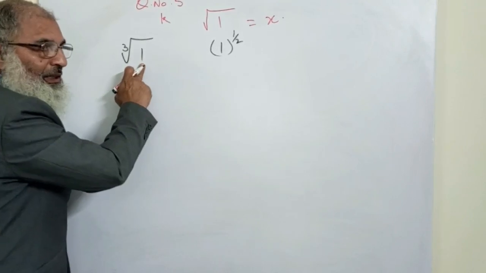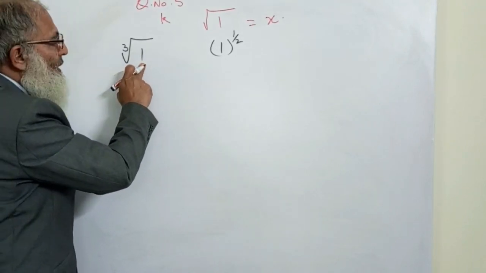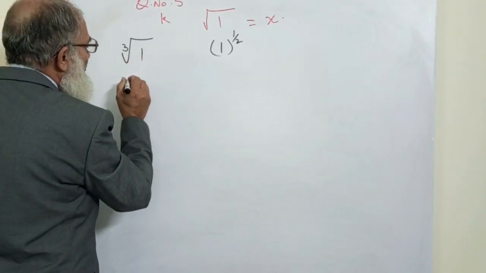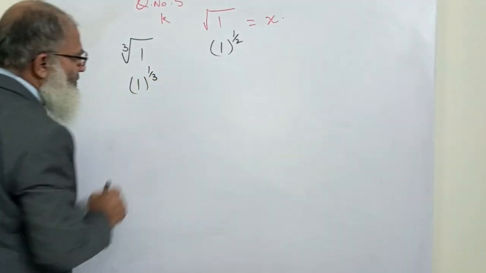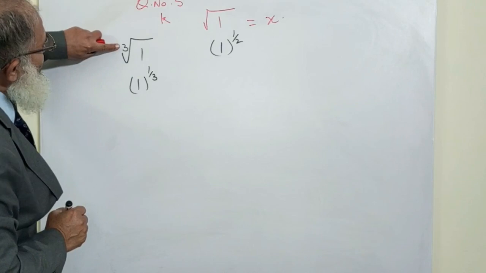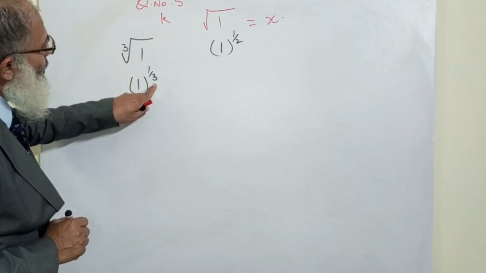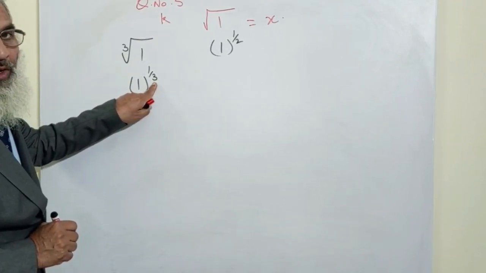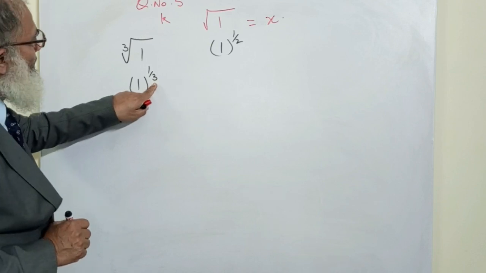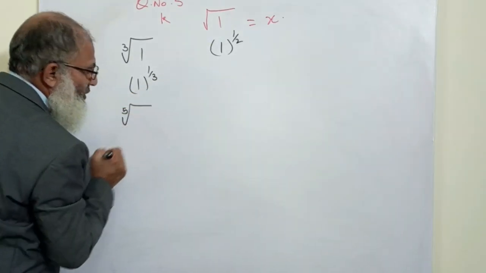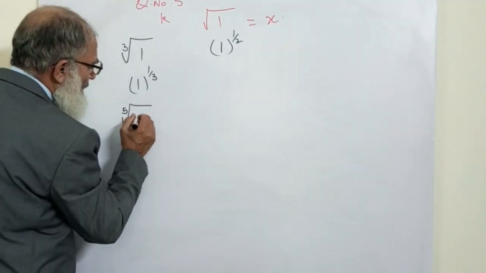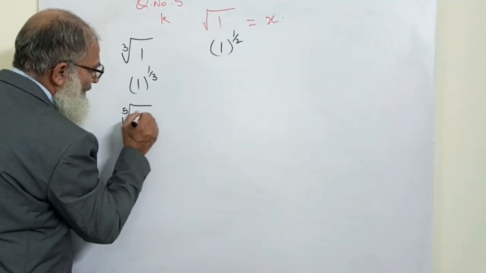or whatsoever is written in between the root, then it is 1 by 3. Whatsoever is written over here, it will go into the denominator of the power. For example, let me take this also.